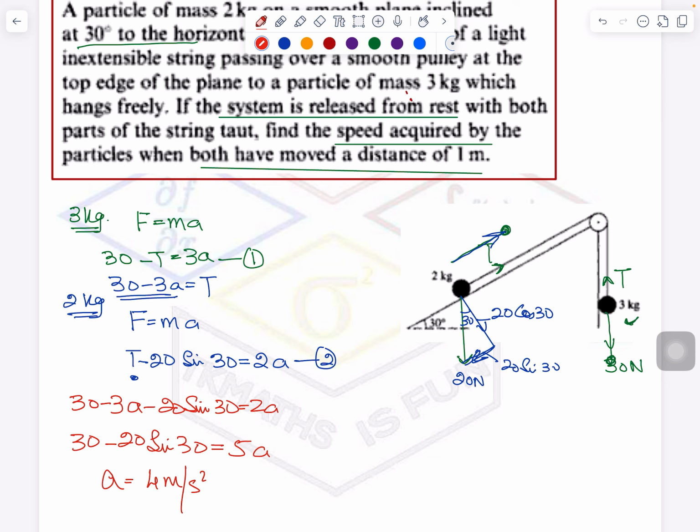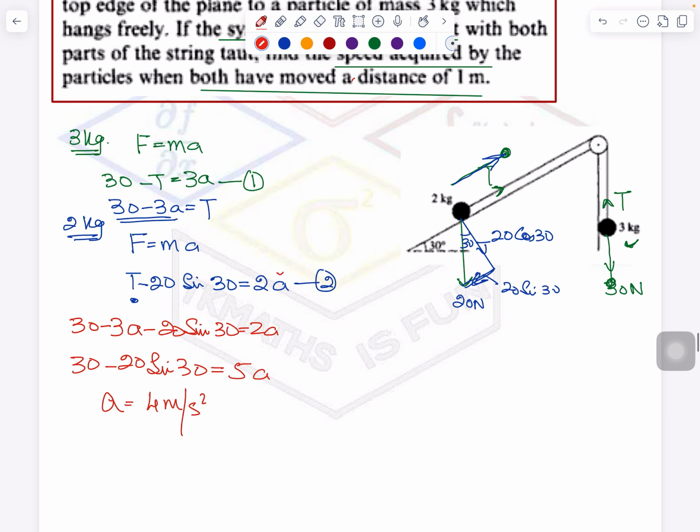Okay, so I got the acceleration, but the question is asking speed, not acceleration or tension. If I have to calculate tension, I'll substitute this value of a here. But my question is to find out the speed. So now if you remember the uniform acceleration formulae, the 4 formulae which you have studied before, can I help you remind them?